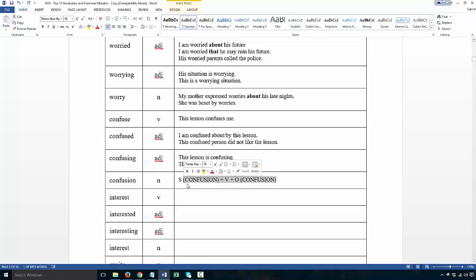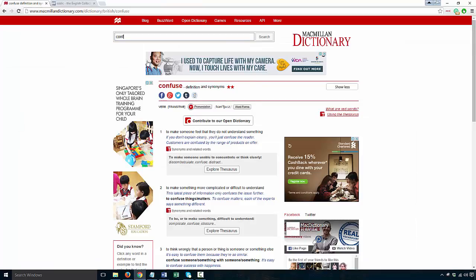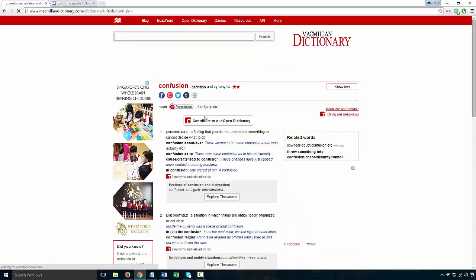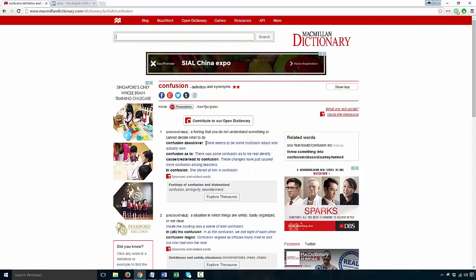Okay, so first let's go to Macmillan Dictionary. Confusion, we're going to use this as an object. All right, so it shows me some collocations here. You can use about or over, right? Okay, preposition, and this is actually using the there is, there be.